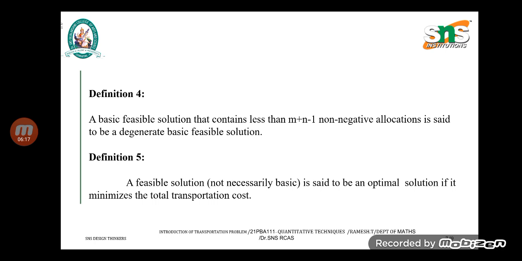A basic feasible solution that contains fewer than m plus n minus 1 non-negative allocations is said to be a degenerate feasible solution. In our transportation problem, the solution must be a non-degenerate solution. Okay, the next one. A feasible solution that is not necessarily basic is said to be an optimal solution if it minimizes the total transportation cost.